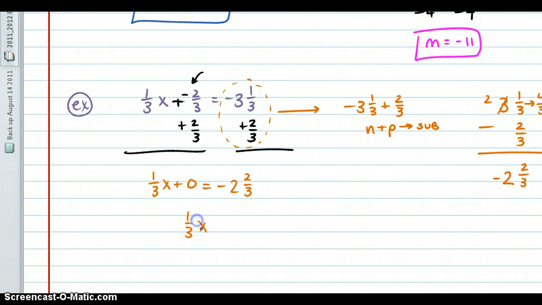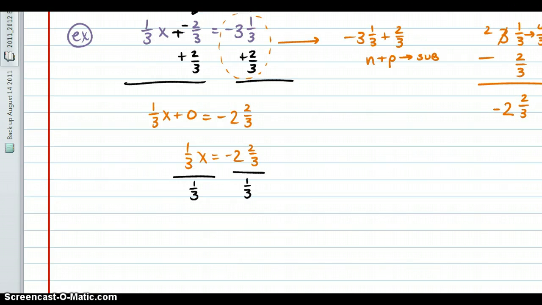I have 1/3 x equals -2 2/3. Let's go ahead and divide by 1/3 so that I can undo the multiplication of 1/3. And let's just write this out horizontally. -2 2/3 divided by 1/3. I know you can do this.